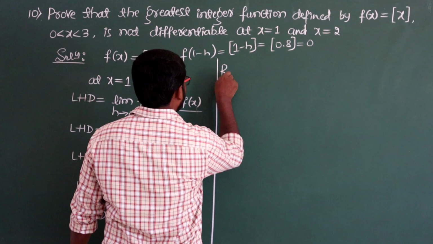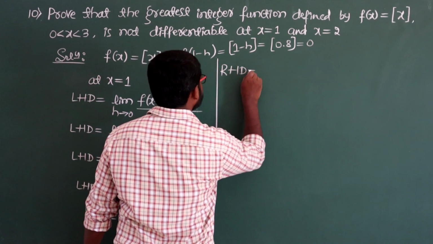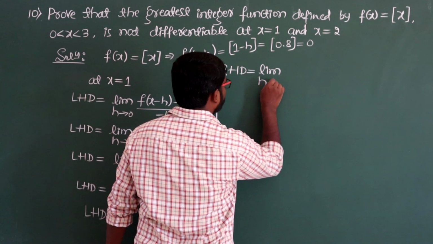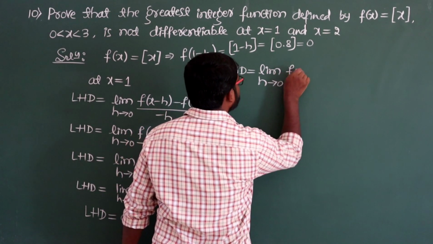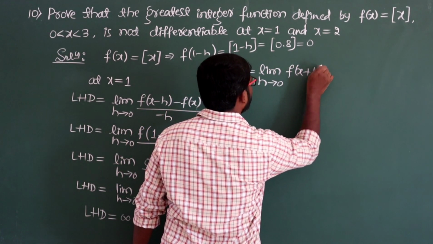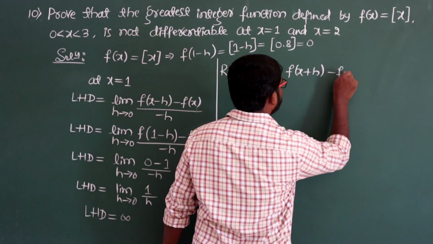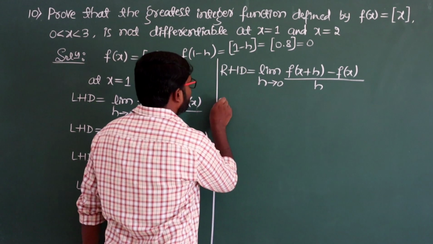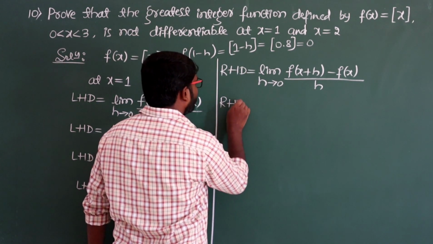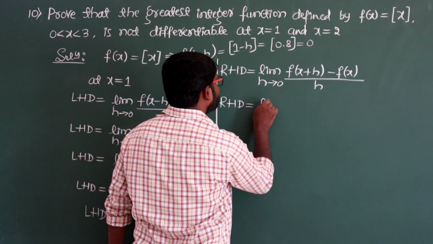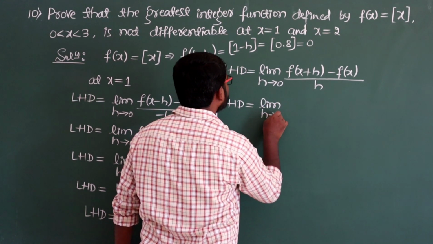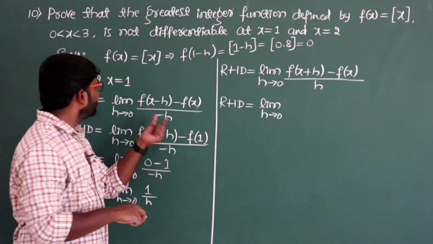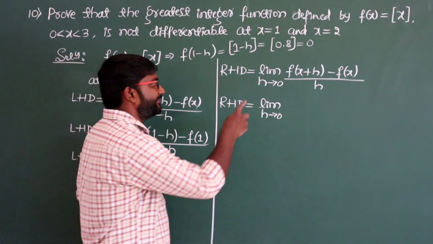So let us proceed with the right hand derivative. RHD, the right hand derivative, is the limit as h tends to 0 of f of x plus h minus f of x divided by h. Here x is equal to 1, so replace x by 1.